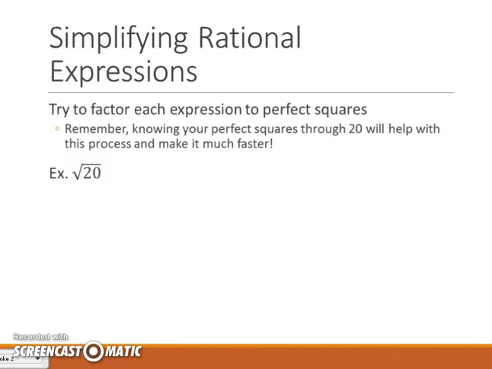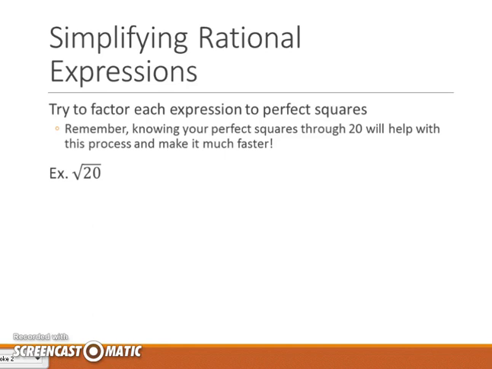So to simplify radical expressions, going back to a few lessons ago where we could break apart square roots, that's the process we're going to be taking today. You want to be thinking about what the perfect square factors are for each of these numbers and factoring them out that way.